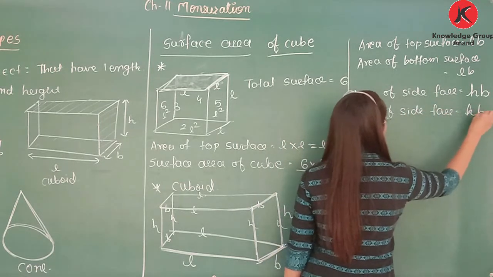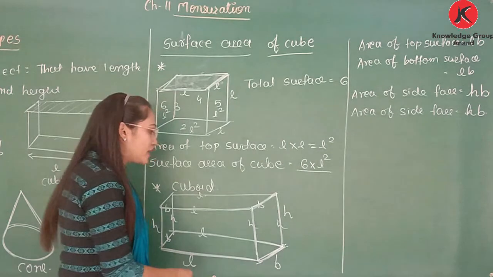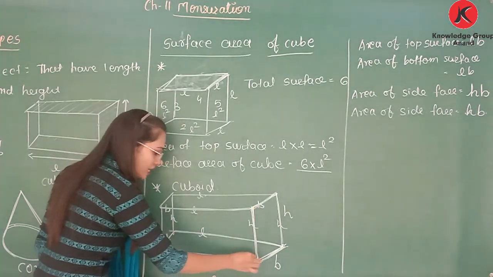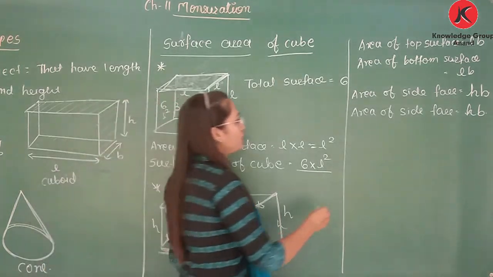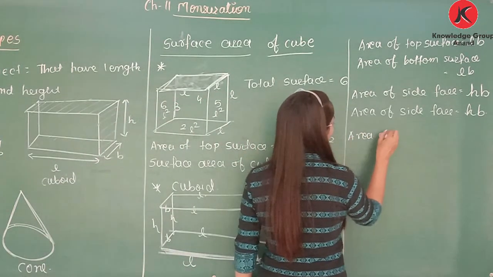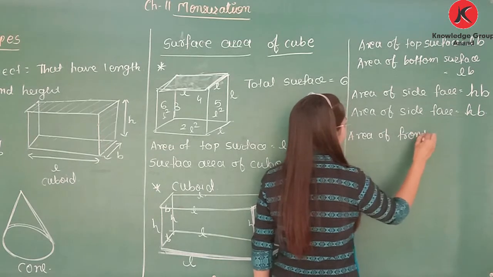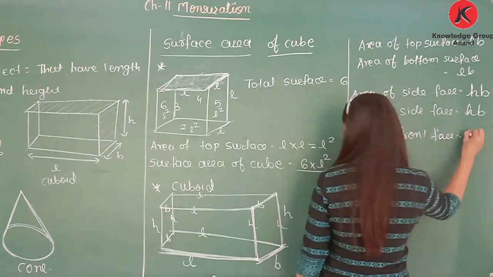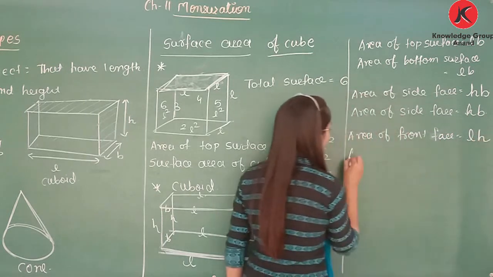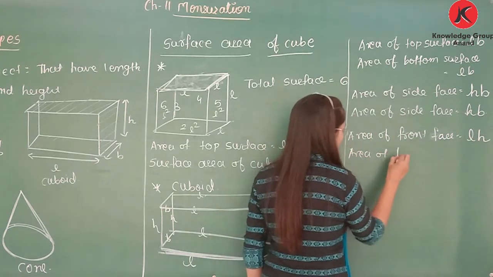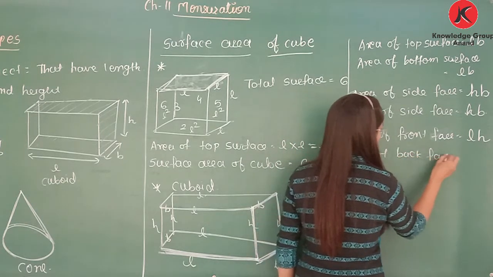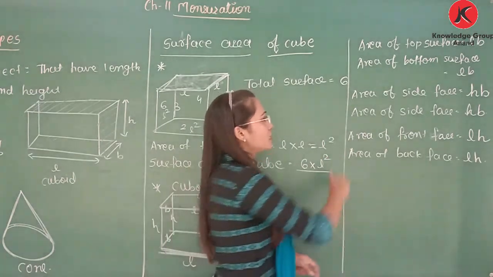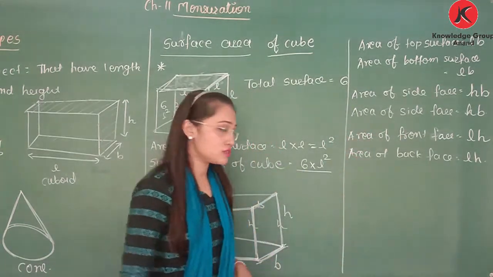Now the area of the front side, that is H and L. This vertical line is H and the horizontal is L. That's why the area of the front face is LH. Same for the area of the back side, that is LH.